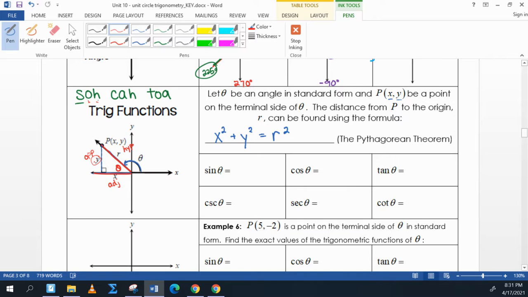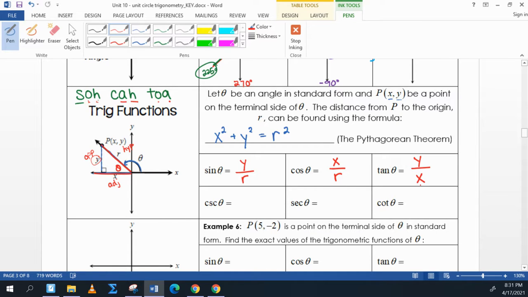The sine is just going to be y, that's my opposite, over r. The cosine is your adjacent over your hypotenuse, so x over r. And then the tangent is your TOA, opposite over adjacent, so y over x.